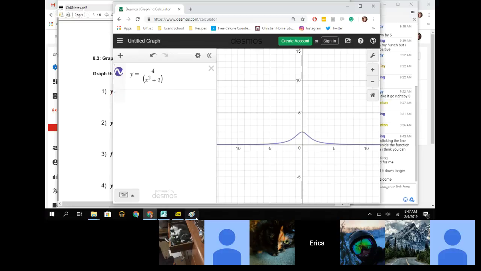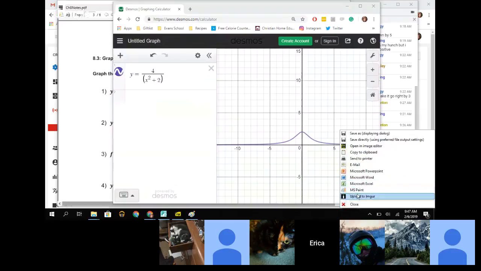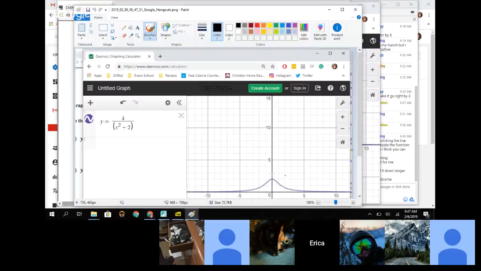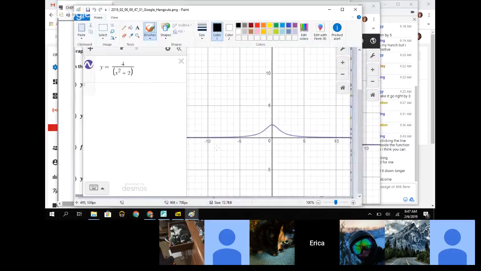All right, so let's look at this equation and talk about what the domain and the range would be. Your domain is controlled by your denominator. So the domain is what x's are allowed. In this case, I look good for all my x's. Why is that? Algebraically, when does x squared plus 2 equal 0?